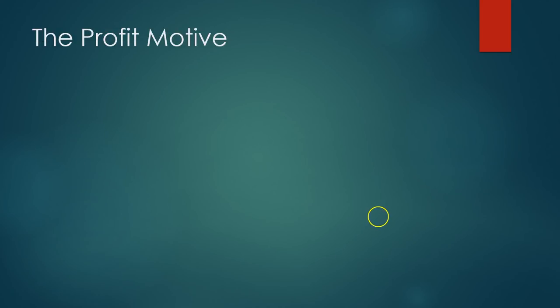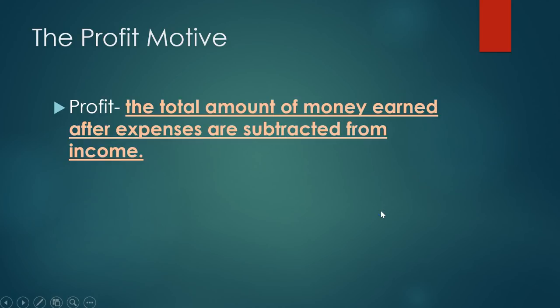The profit motive, let's talk about that first. Profit is the total amount of money earned after expenses are subtracted from income. So keep in mind, for example, you open a business. On the first day, you make $3,000. That is not your profit, because after you've made that money, you then have to pay for the building that your business is being run out of.